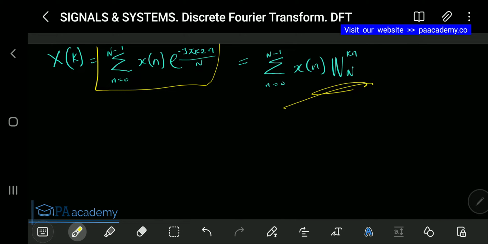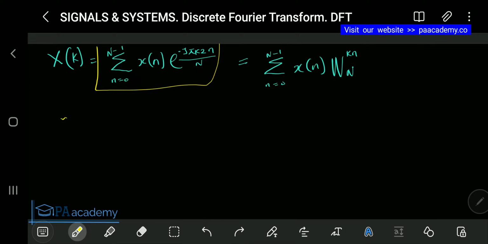I only wrote this so that in case you come across it somewhere else, you should know that they are still the same thing, but the application might be a little different. So now let's look at one example so that we can use it to explain the formula.